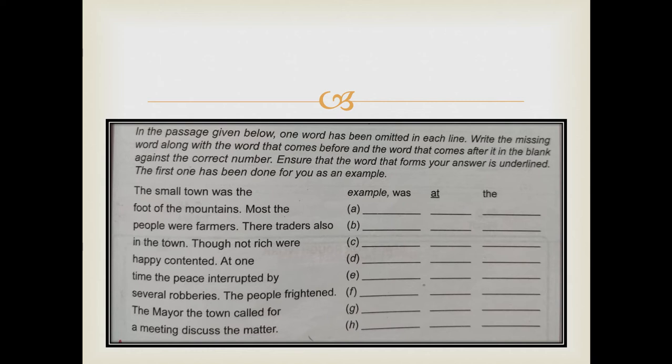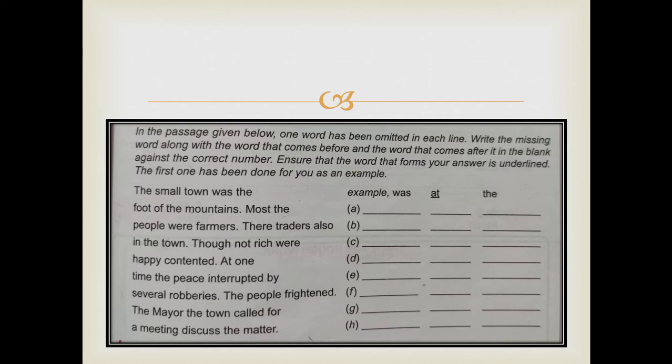Now see the first one. The small town was the. So the word supplied here is: the small town was at the foot of the mountains. Most the people were farmers. Most of the people were farmers. So we are supplying the word of here in between most and the.